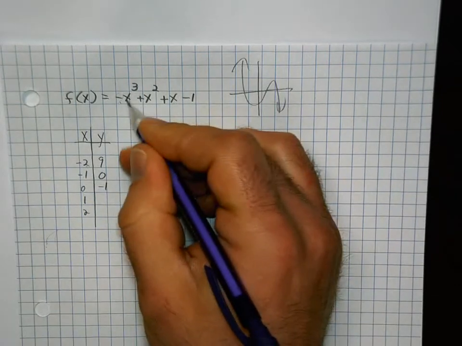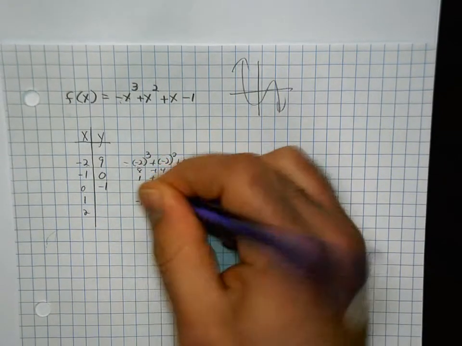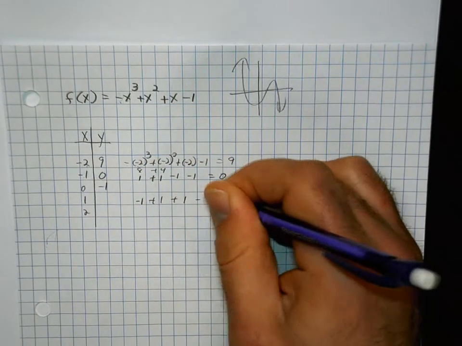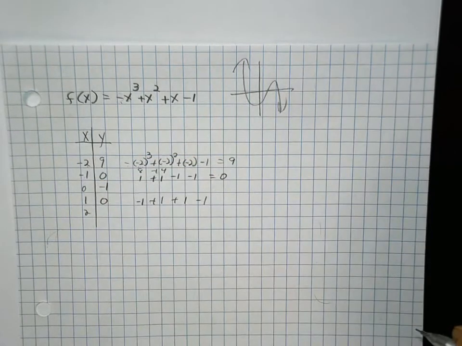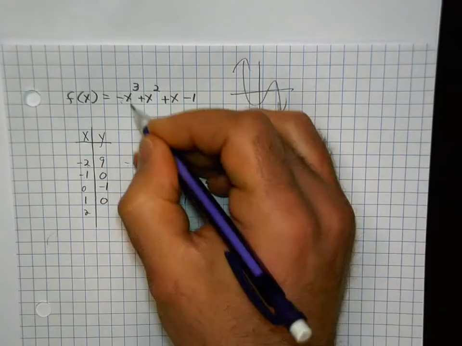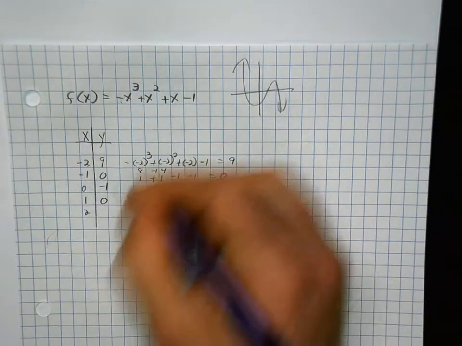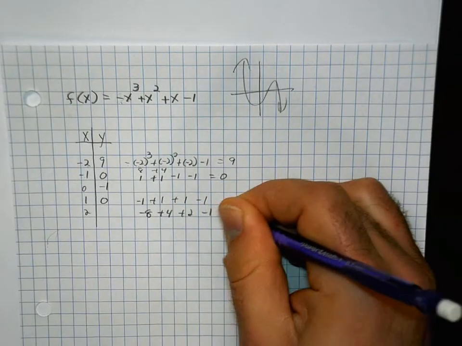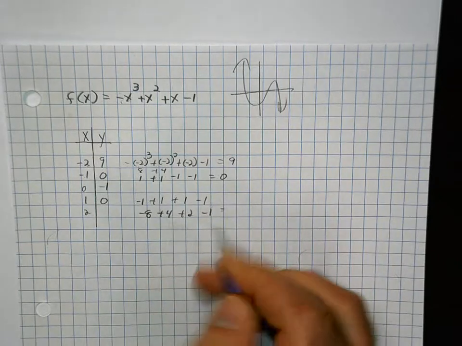Plug in 1. So 1 cubed is 1. That gives me -1 plus 1 plus 1 minus 1. So that gives me 0 as well. And then 2 cubed is 8. So that's -8 plus 4 plus 2 minus 1, which is -3.